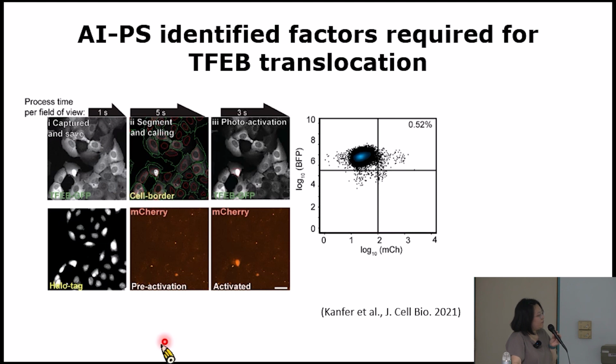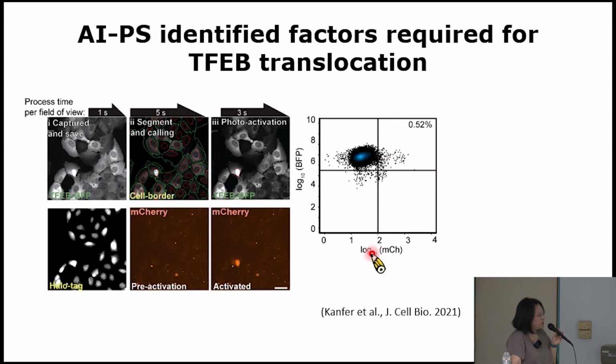And you'll see that before photoactivation, there's no PAmCherry signal in the same field, but after activation, only this cell is lit up. Then they can use FACS to isolate the cells that have high mCherry signal and analyze them further.